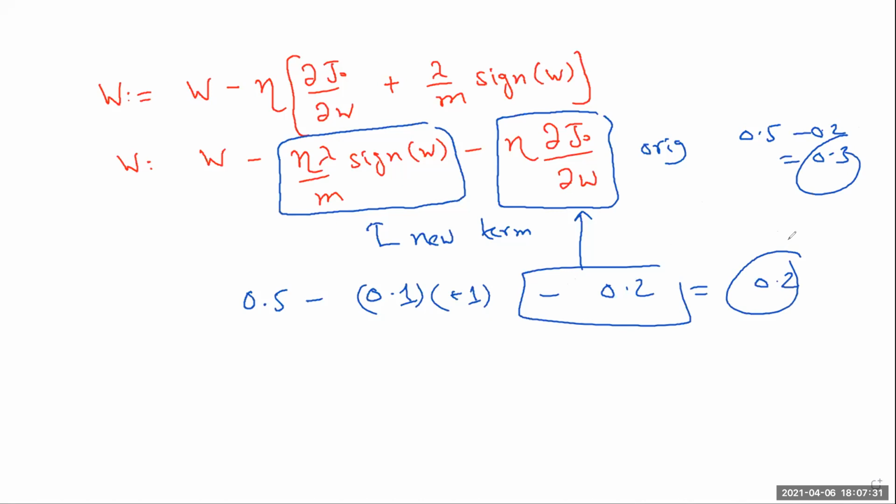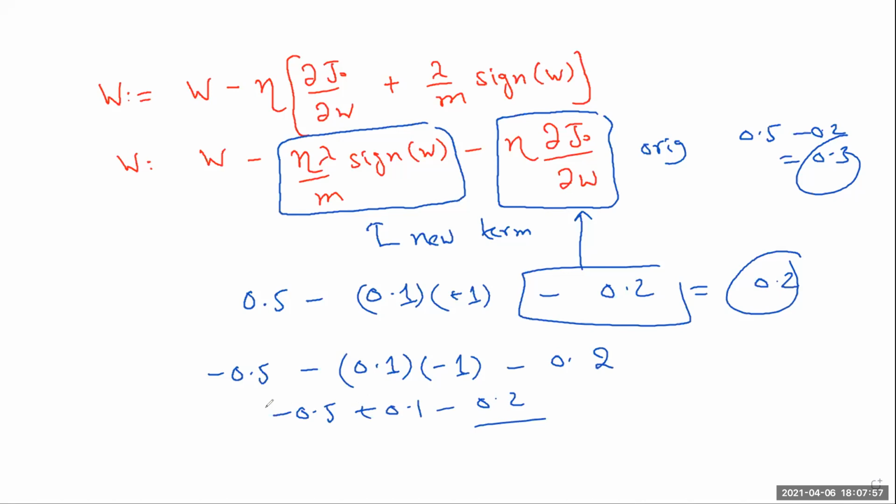Many students ask, what if W is negative? This expression actually works even if W is negative. Suppose W was minus 0.5, and this would be 0.1, and then sign of W is minus 1, times 0.2. So you see this minus minus will become plus. It would be minus 0.5 plus 0.1 and minus whatever term you have.